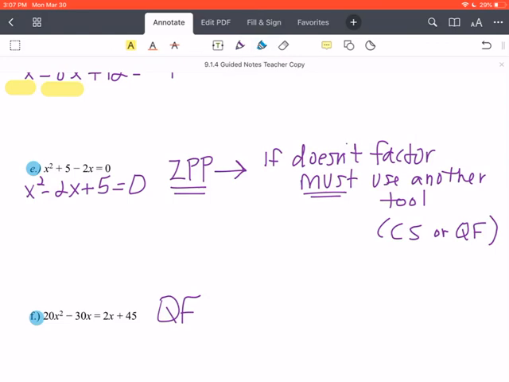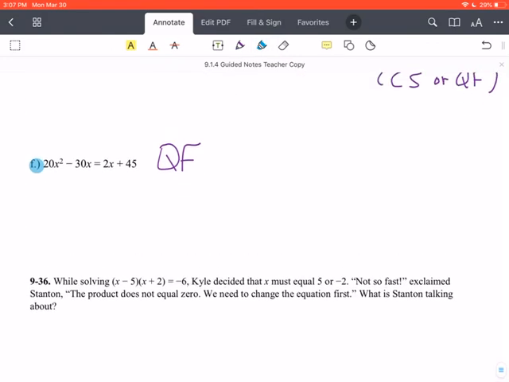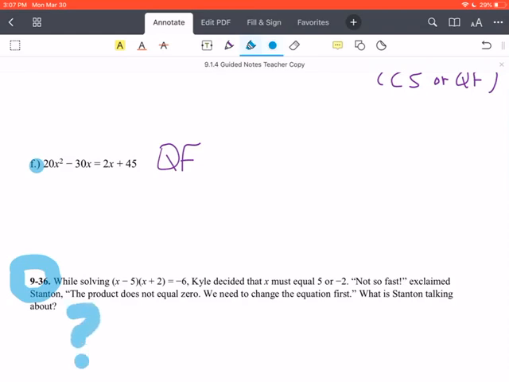And then after that, I would like you to consider 936 on your own, and see if you can come up with kind of what the problem is and what's going on, and then go ahead and solve it as well.